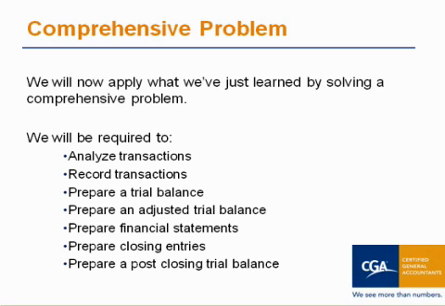It has an unadjusted trial balance, an adjusted trial balance, and a post-closing trial balance. You've also been given some blank pages to prepare your financial statements, and a few other blank pages are available to you to prepare and journalize the entries that we'll be journalizing.